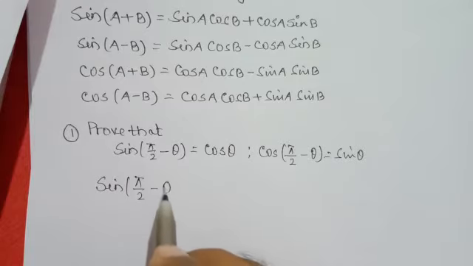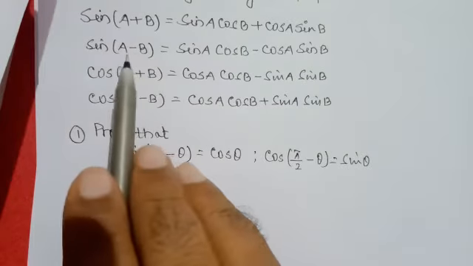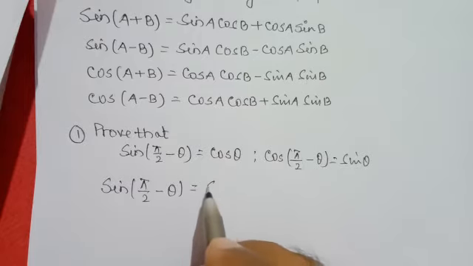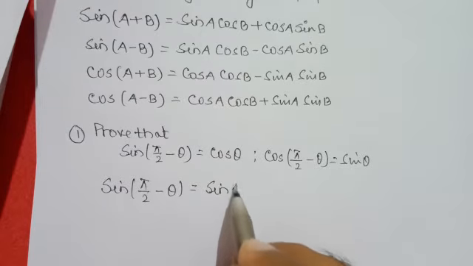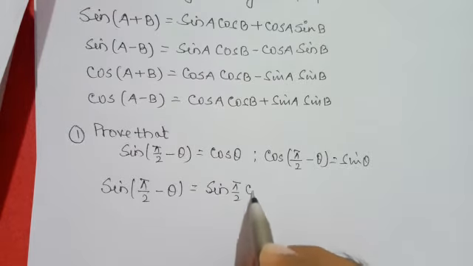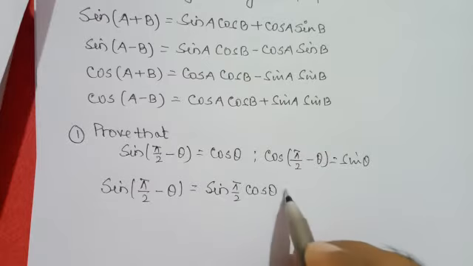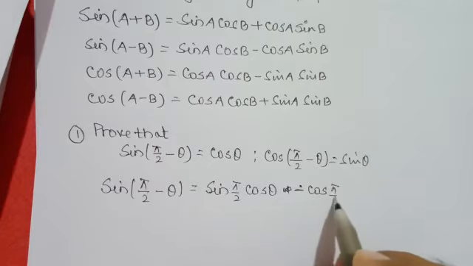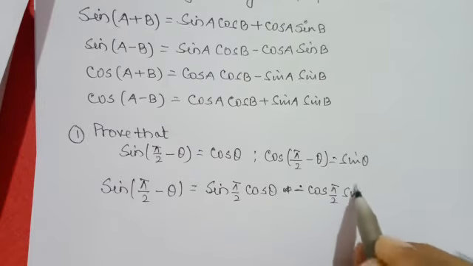Apply the formula for sine A minus B. According to that formula, it should be sine pi by 2 into cos theta minus cos pi by 2 into sine theta.